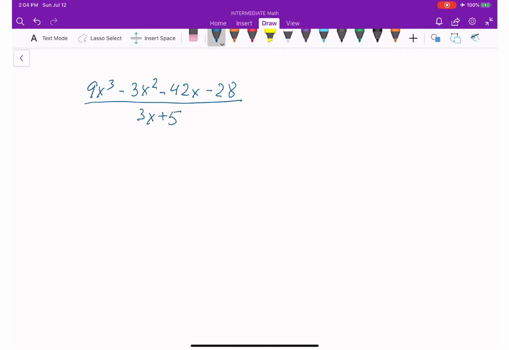Okay, let's write down. So 9x cubed minus 3x squared minus 42x minus 28. We divide by 3x plus 5.